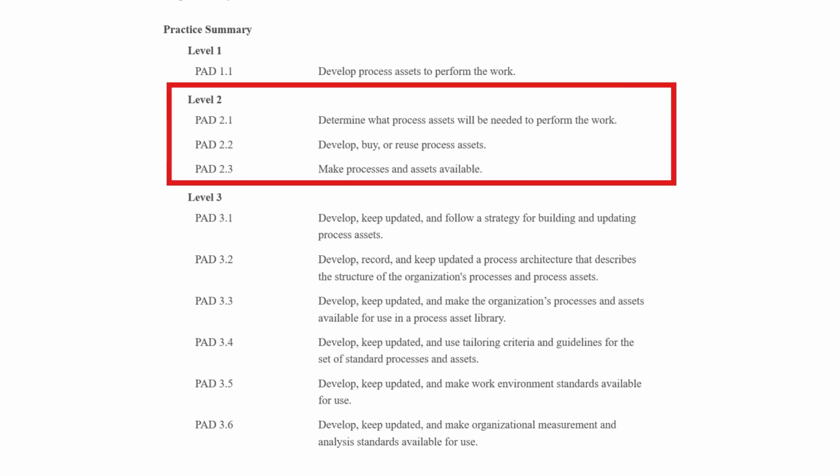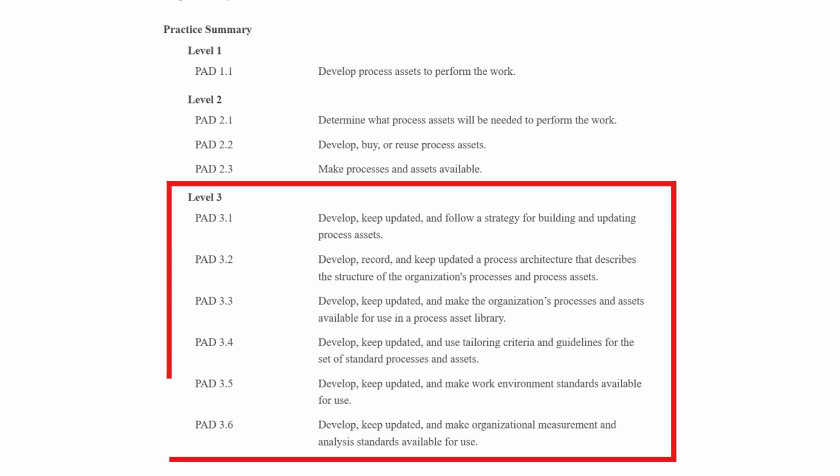At level 2, this somewhat ad hoc direction becomes more directed and managed, and we consider exactly what process assets we need, how they will be acquired, and how they will be made available to the people within the organization. Finally, at level 3, we take a much more organizational approach and encounter several practices that all direct us to focus on different aspects of the process assets that are required to support organizationally defined processes.